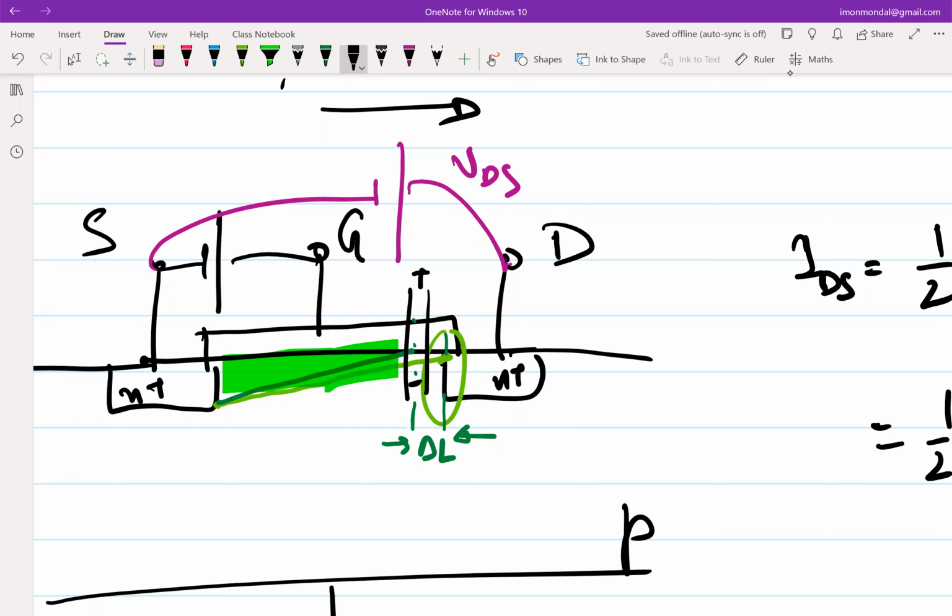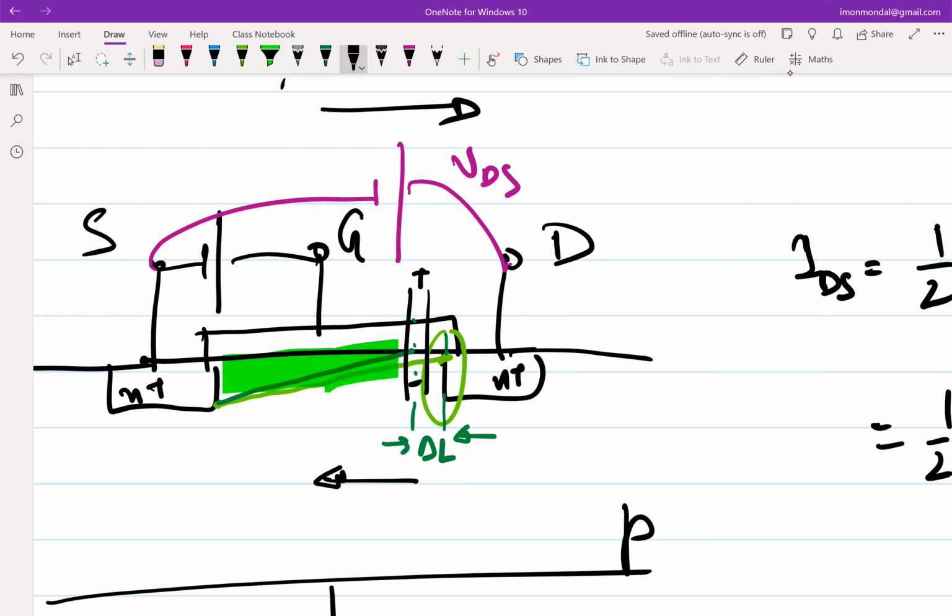So as it turns out, when you are increasing this VDS, this electric field here is tending to increase, right? Since the electric field here is tending to increase, there is an overall increase in the electric field across the channel. Now, what is the effect of that?